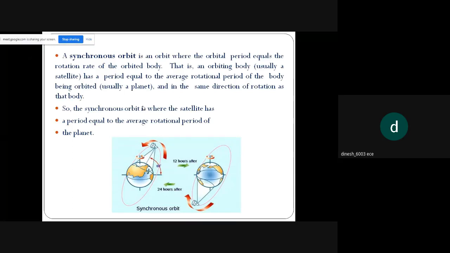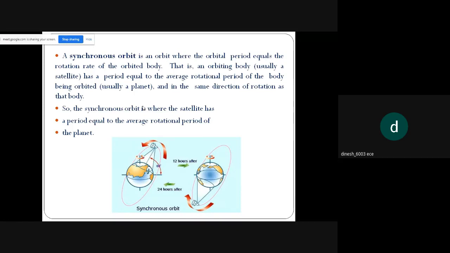So next is the synchronous orbits. A synchronous orbit is an orbit where the orbital period equals the rotation rate of the orbited body. That is, an orbiting body which is a satellite will have a period equal to the average rotational period of the body, and with the same direction of rotation of that.